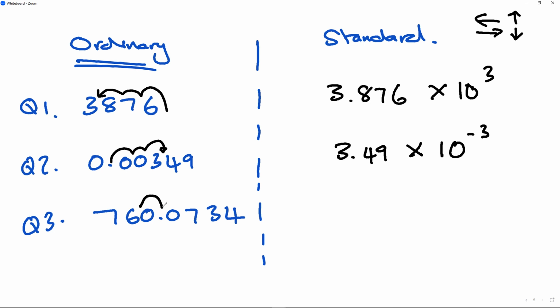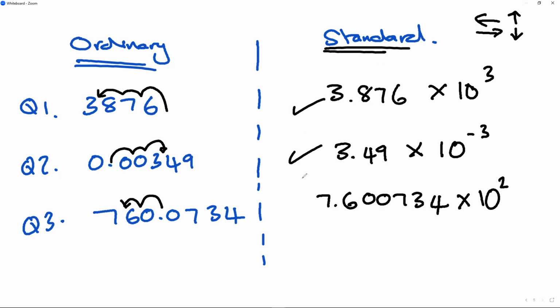The next one, I've got to go left 1, 2 spaces to the left. It'll end up at 7.600734, and then multiplying it by 10 to the power of 2, 2 spaces to the left. So going left means that the power has to go up by 2. All right, and that would be in standard form for each of those.